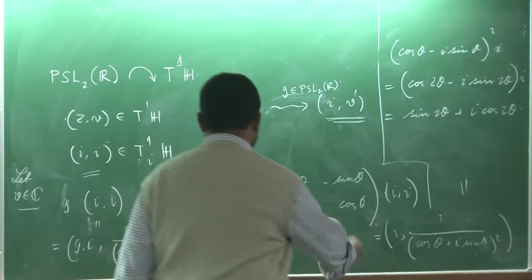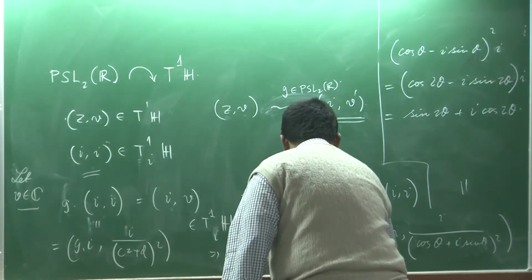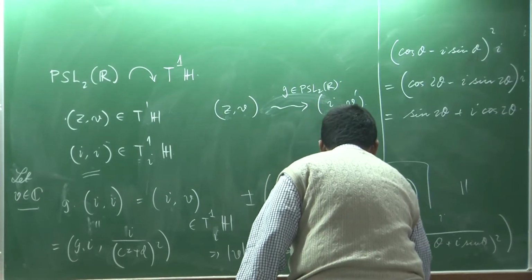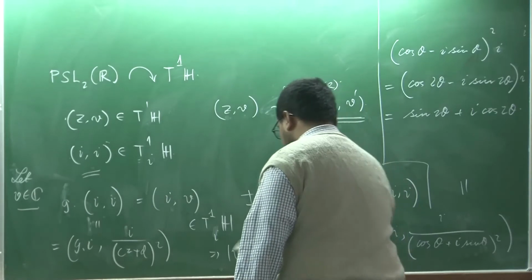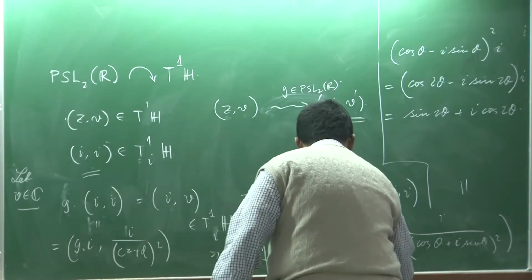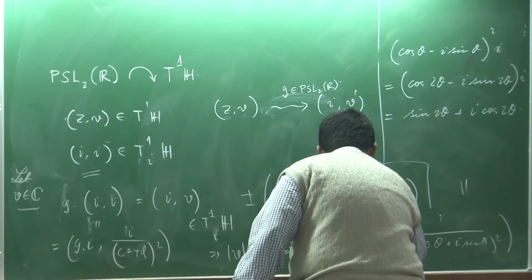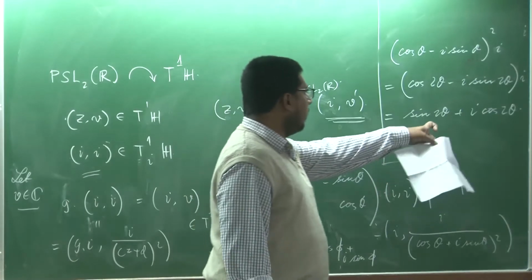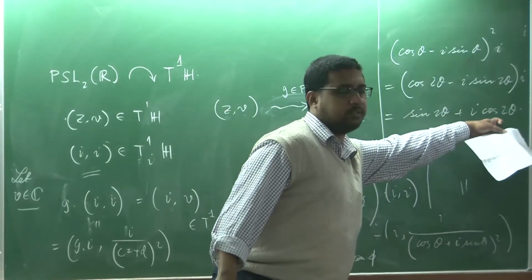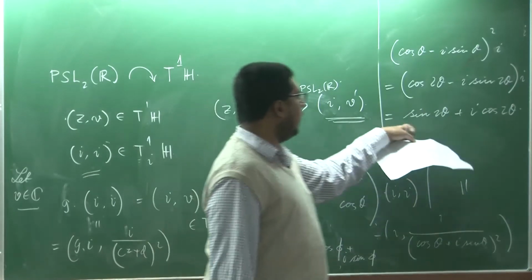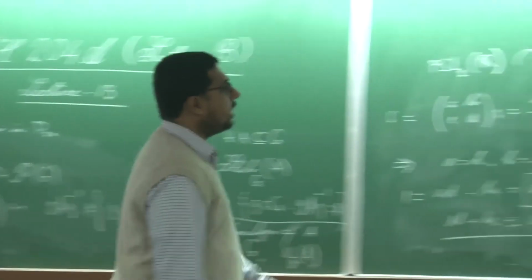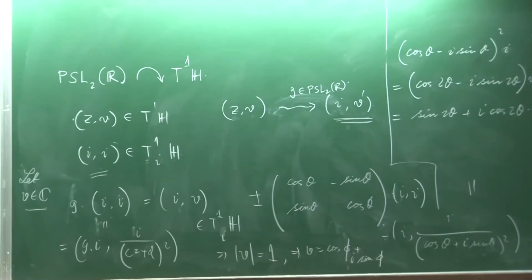Hence, from the polar form, v must look like cos phi plus i sin phi. Okay. So from this description of v, you know that by having a suitable choice for theta, we can make this quantity v. The further details I am leaving to you. So this shows that this action is also transitive.